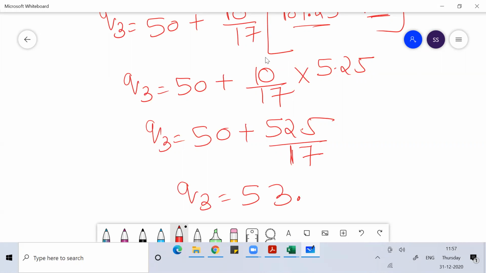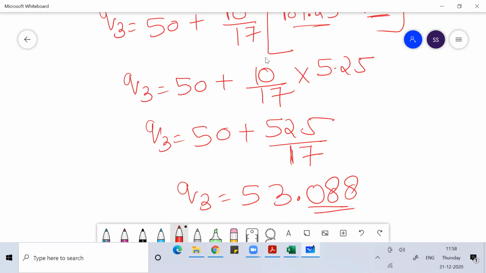So the value you will get is 53 point, then 150 minus 126, 14, 140 again.